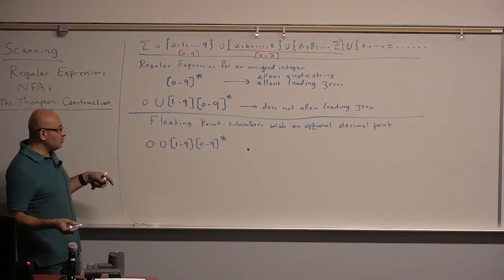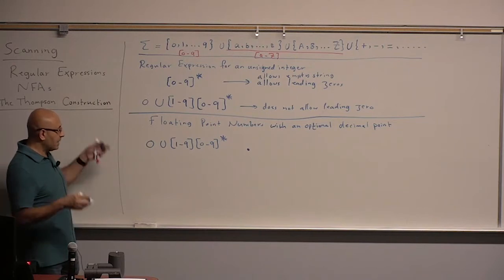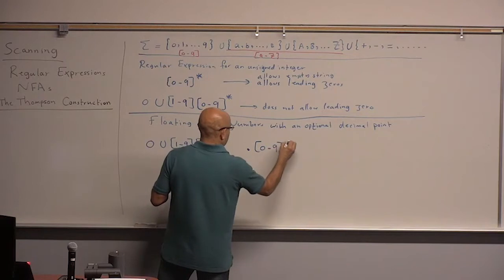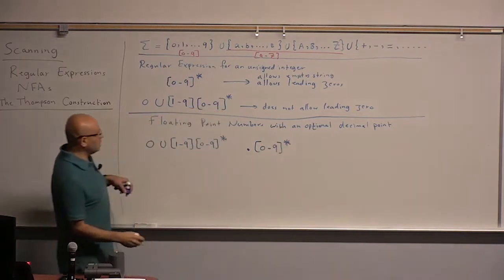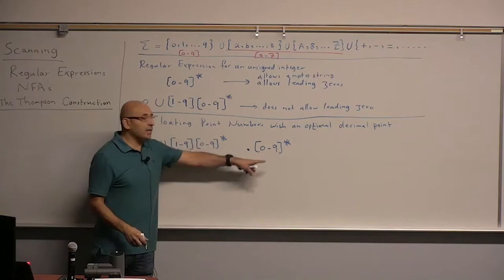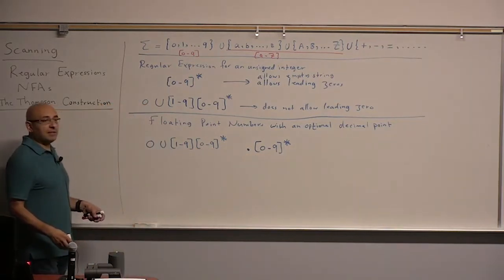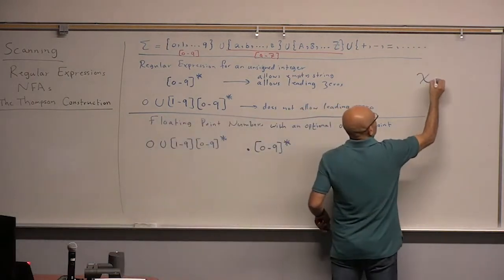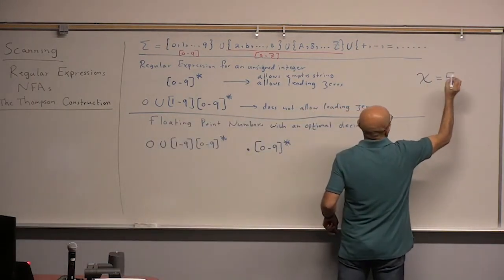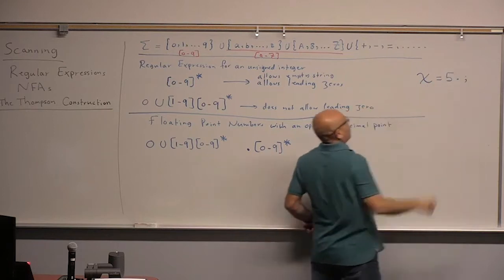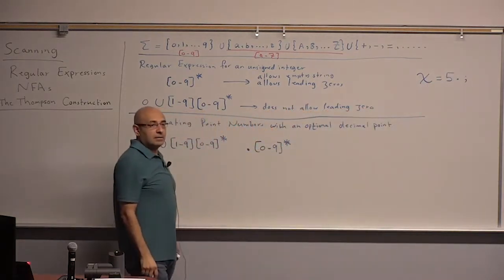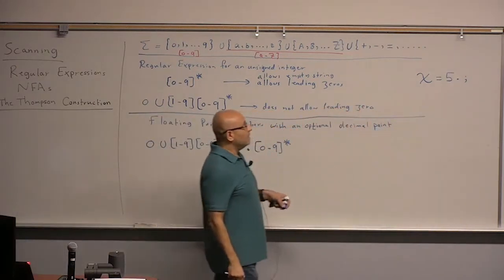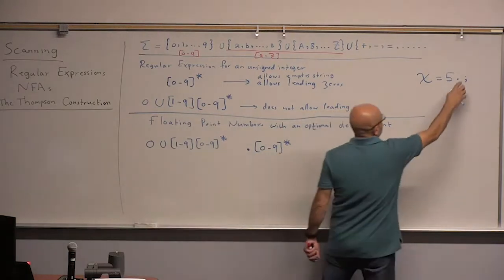Now, you may allow the empty, so you can simplify things and put 0-9 star. Now, if you put 0-9 star here, you are allowing an empty string after the decimal point, which could be fine, right? If you write something like x equals 5 point. At least this is meaningful. At least this has a meaning. So point nothing is like point 0.